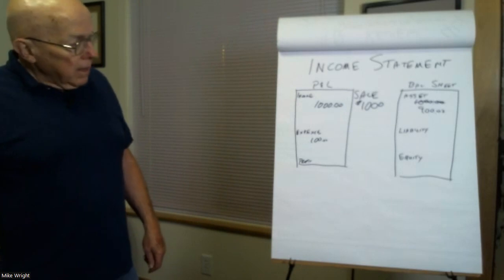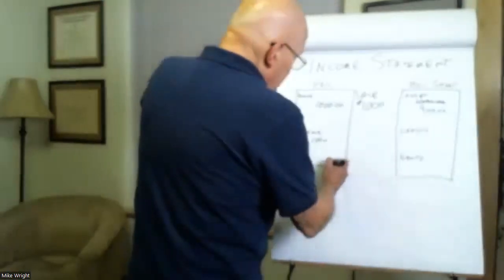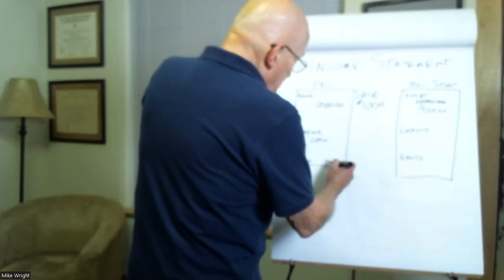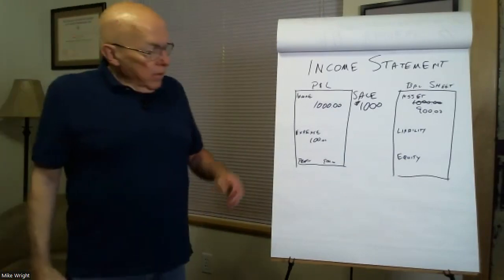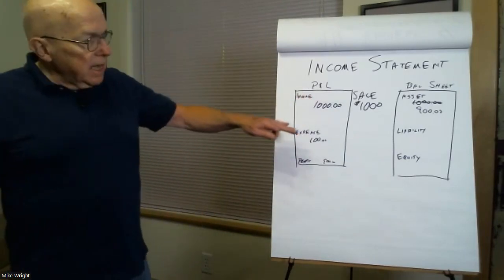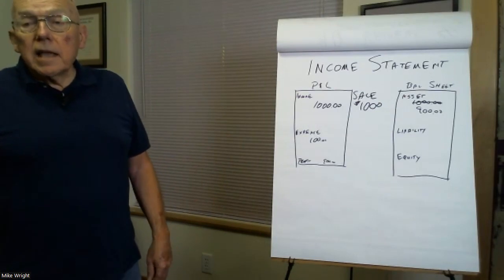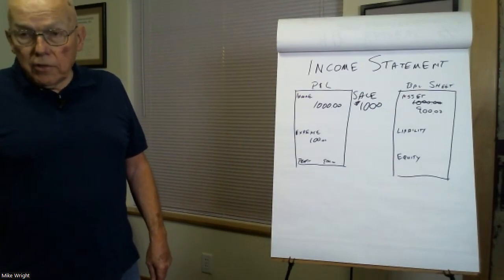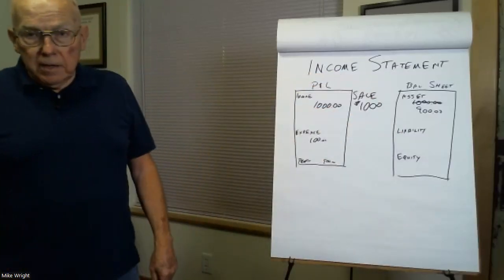That's right. That would be $900. But that's all this tells us. It doesn't tell us what we have left, and more importantly, it doesn't tell us how much the business is worth. That's something else that you can only tell from the balance sheet.